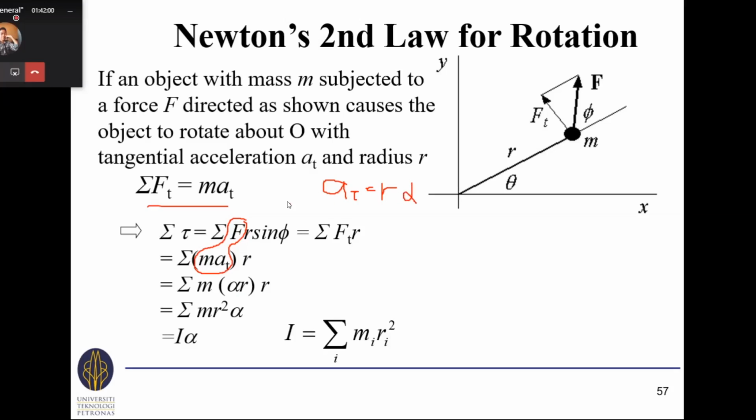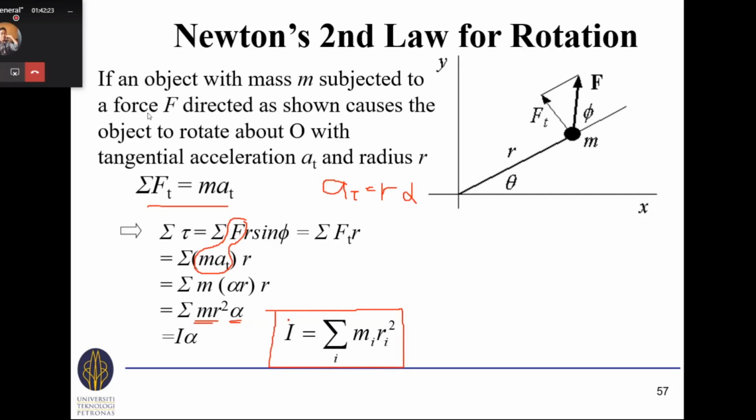This is tangential acceleration: a radius multiplied with the alpha, angular acceleration. Then you put it in for the a_t, you will get m r square multiplied with alpha. Then m r square is what you define as moment of inertia.